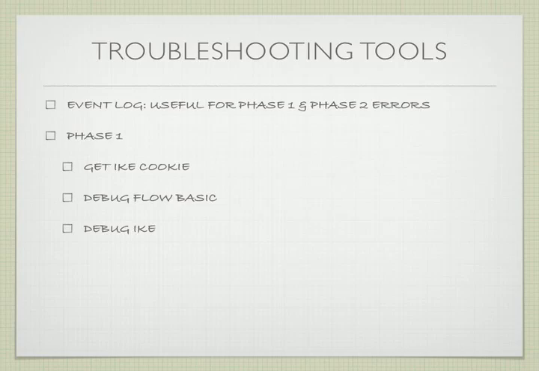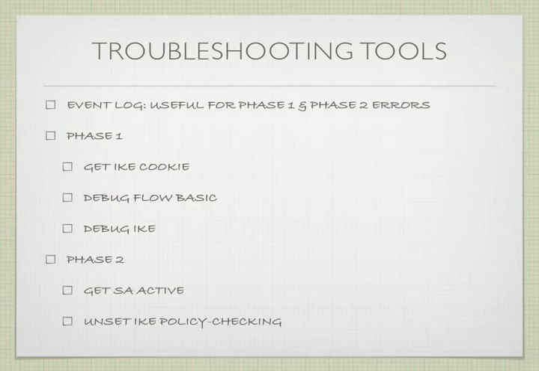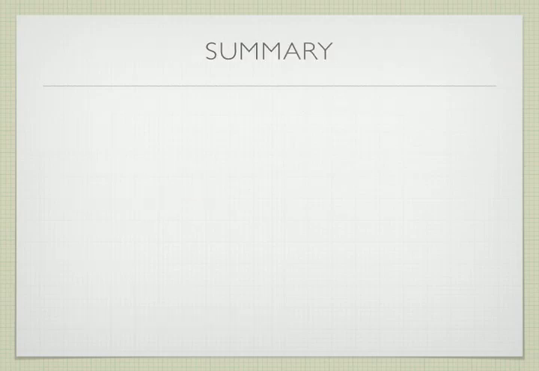You can use debug flow to follow the trace of a packet, what policies it's hitting, and how it's being routed through the device, and you're going to use debug ike. In phase 2, you can see your SA database, and whether it's there or not, and you can use unset ike policy checking if you want to loosen up the restrictions on this.